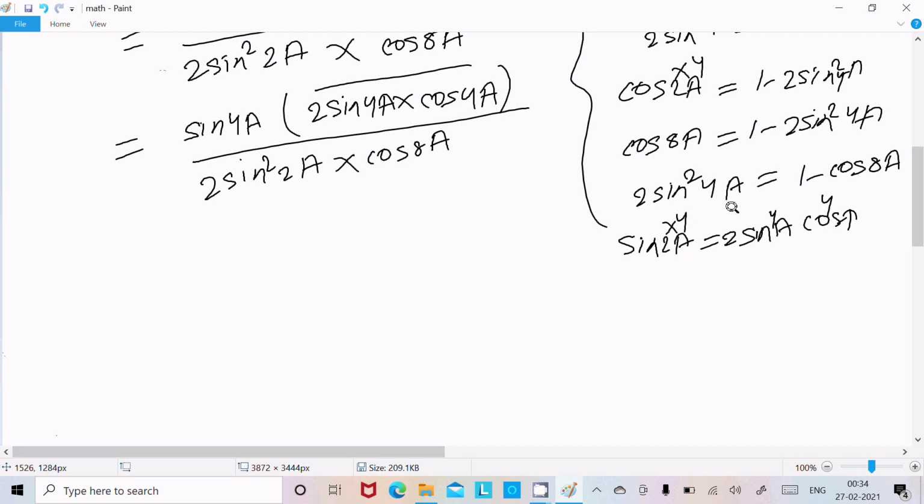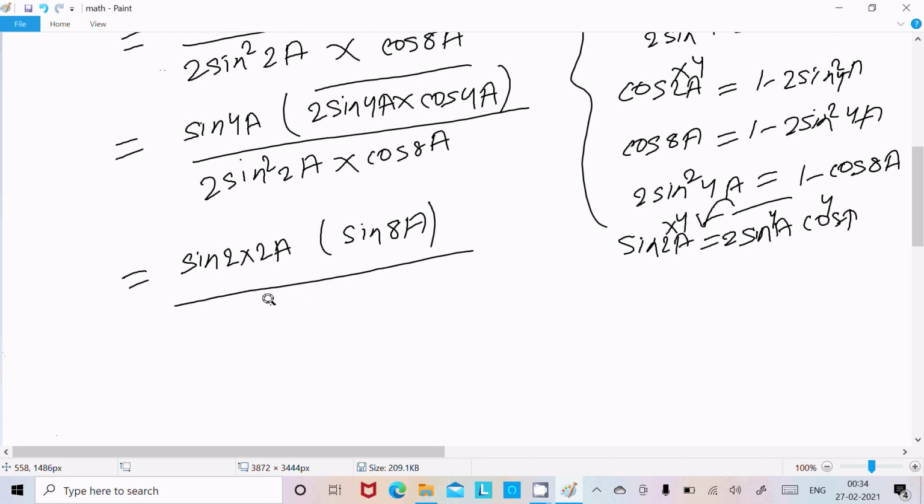So in place of this we can write sin 8A, and for this one we can write sin 2 into 2A, and this one sin 8A. So sin 2A equals 2 sin A cos A, multiplied by 4 everywhere, becomes 2 sin 4A into cos 4A, the value is sin 8A, and here this is cos 8A and 2 sin square 2A.